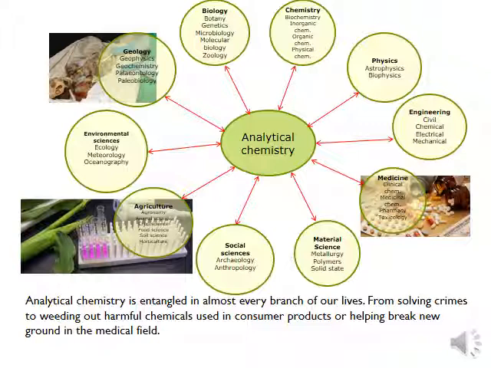So bricks are made of what? And what are the components of the bricks? How much soil? How much water? And then it undergoes baking at high temperature. What is the temperature? How long? Those are all analytical chemistry.